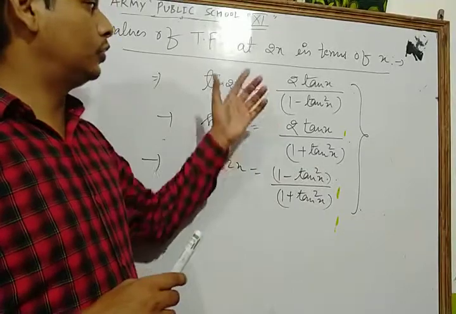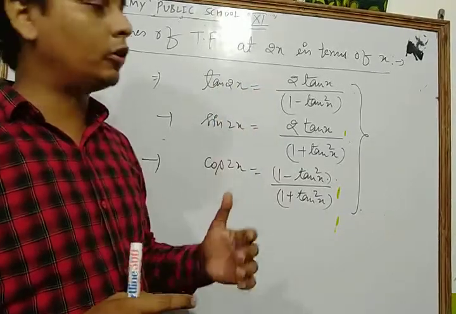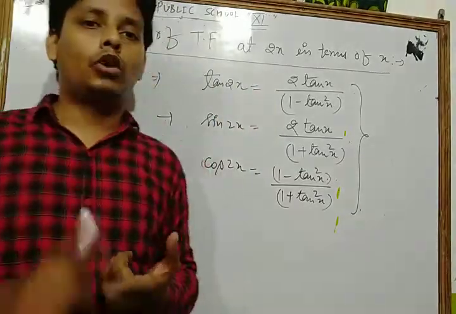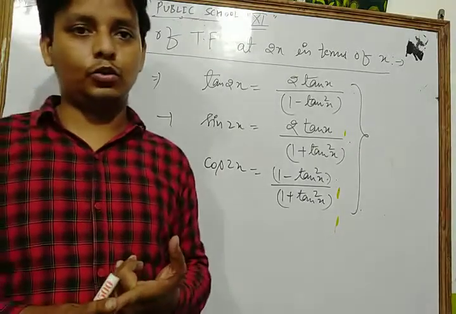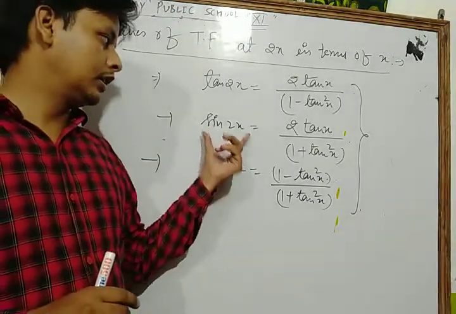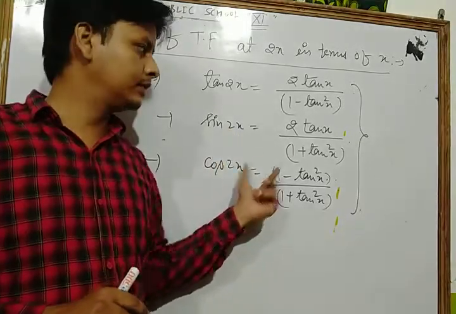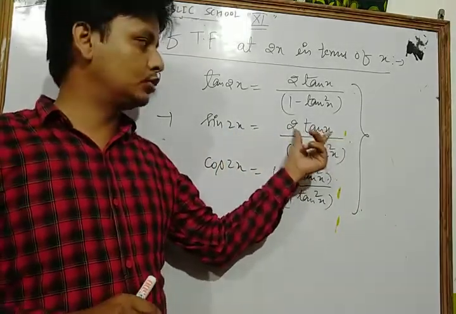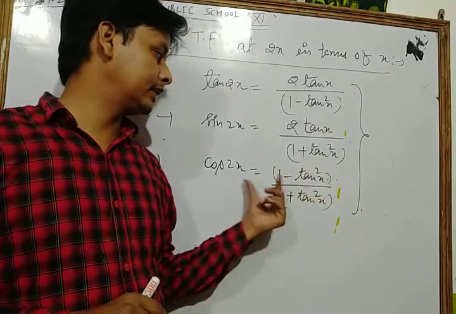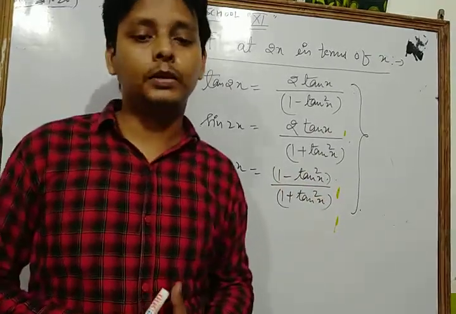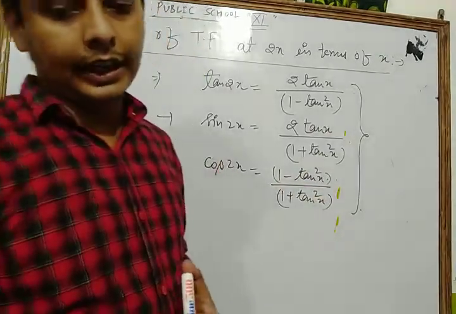Okay, so we discussed the formulas sin 2x, cos 2x, tan 2x. And the two important formulas for sin 2x and cos 2x in terms of tan x are 2 tan x upon 1 plus tan square x, and 1 minus tan square x upon 1 plus tan square x.